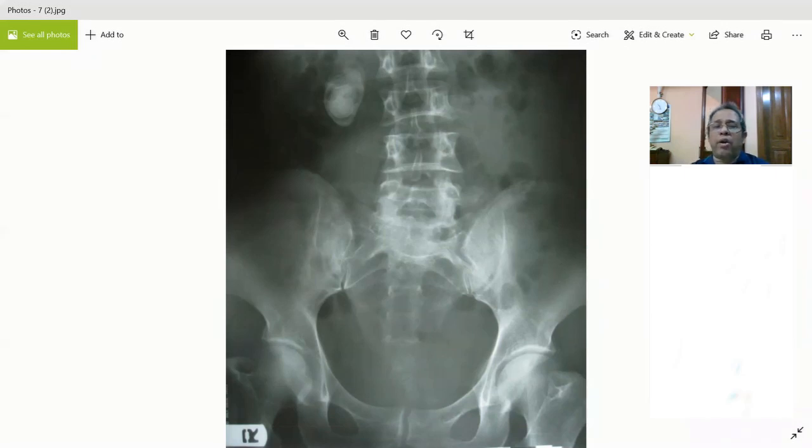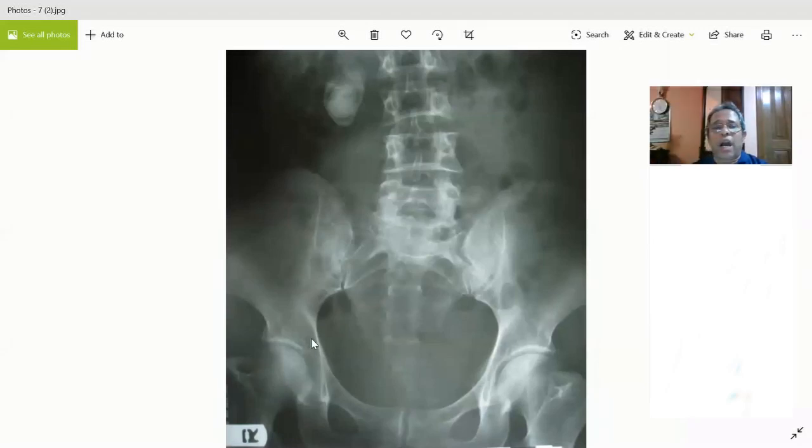In case of IVU, a contrast X-ray, before doing the contrast X-ray we usually do a control X-ray. In that case, somewhere in the corner it is written as a control film or the pilot film. But here, there is nothing written like control or pilot. There is only a marking of the right side.